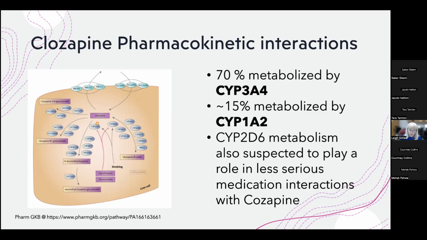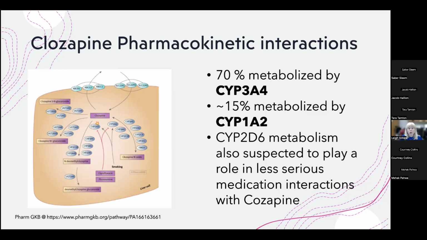Macrolide antibiotics, so your clarithromycin, erythromycin, telithromycin, your antivirals, ritonavir, nelfinavir, and even your calcium channel blockers, diltiazem, verapamil, and amiodarone. All of those would be 3A4 inhibitors that would increase the effect of the clozapine. So you would need to do a dose adjustment and dose very cautiously. I would recommend if you're on a 3A4 inhibitor that you titrate your dose very slowly because you're more likely to have side effects.